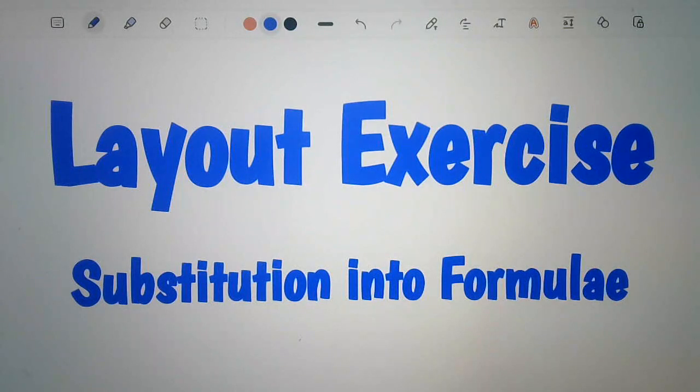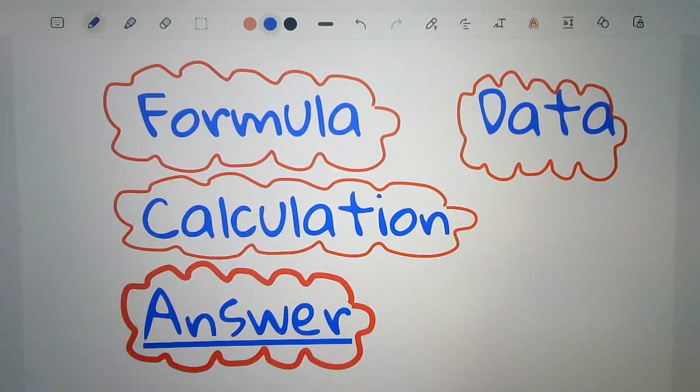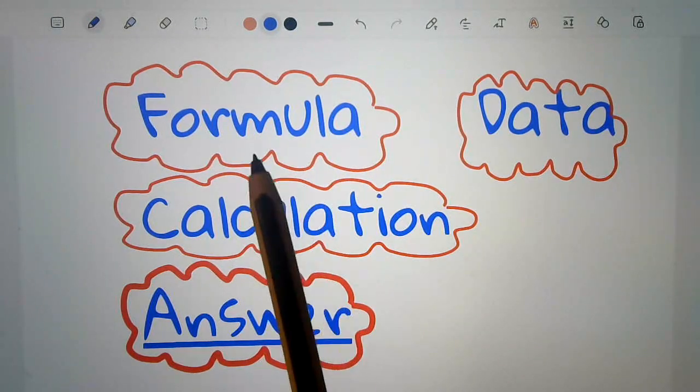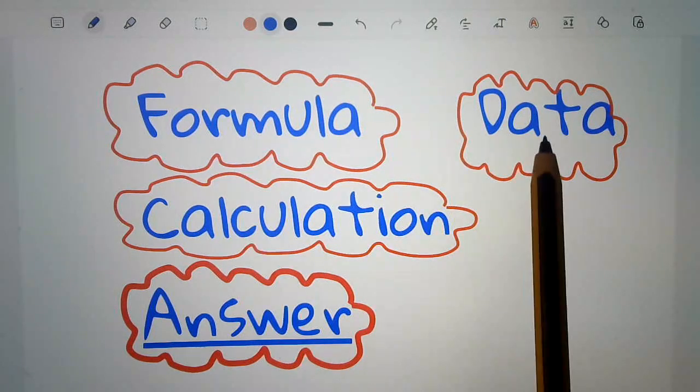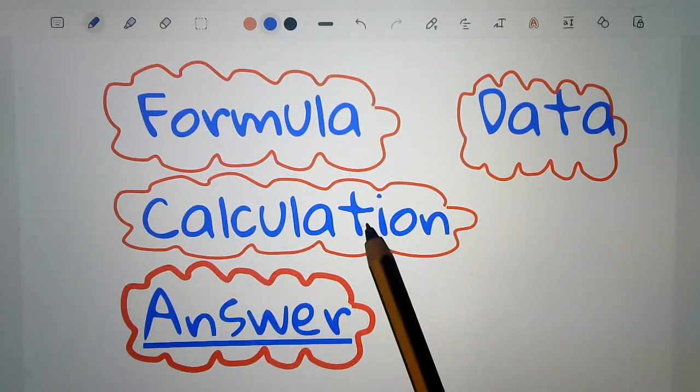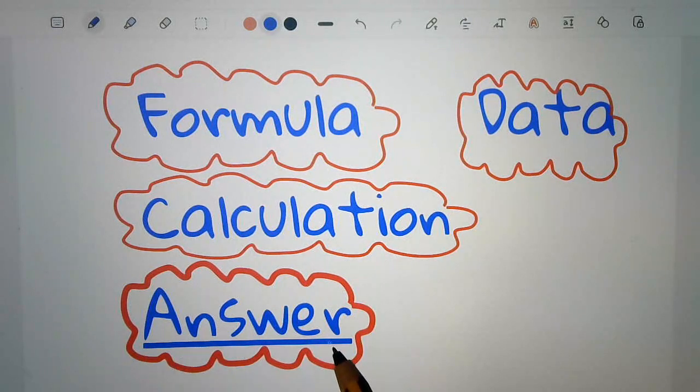So it was a layout exercise, substitution into formulae. And how did we lay out all the calculations? Well, we laid them out like this. We wrote the formula, put the data at the side, then did the calculation and remembered to underline the answer.